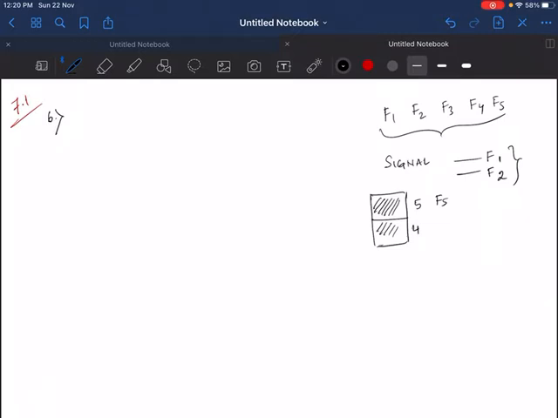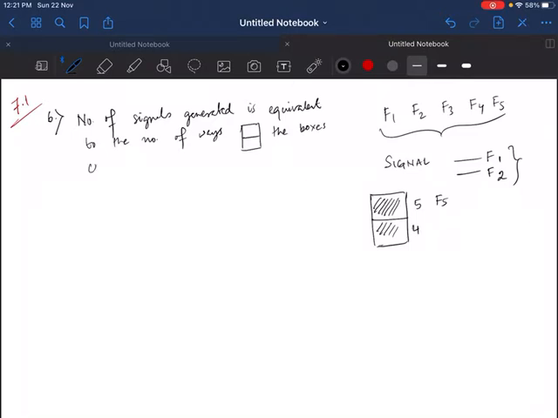Okay, so let's write this down. First we will write that the number of signals generated is equivalent to the number of ways the boxes can be filled by the 5 flags.